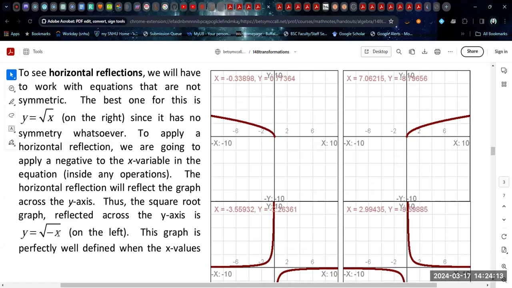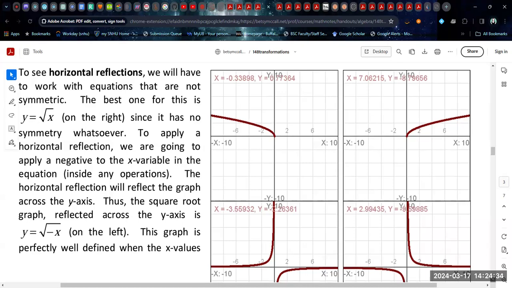Whereas if you put a positive number into this reflected graph, you're going to get a negative number, and that's going to give you a complex imaginary number as the result of the radical, and you can't graph that. So putting a negative in front of the x is going to flip it over to the other side of the graph.